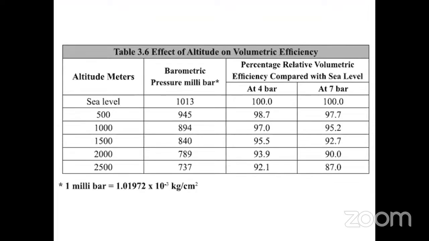Effect of altitude: for a compressor at 2500 meters above sea level, the barometric pressure will be 737 millibar. The efficiency becomes 92.1 and 87 for developing 4 bar pressure, and the next one is for developing 7 bar pressure.